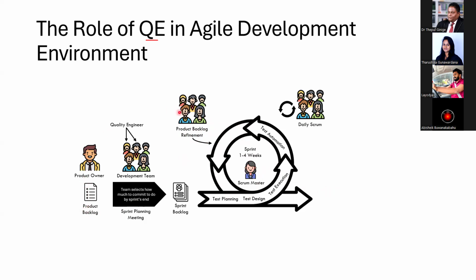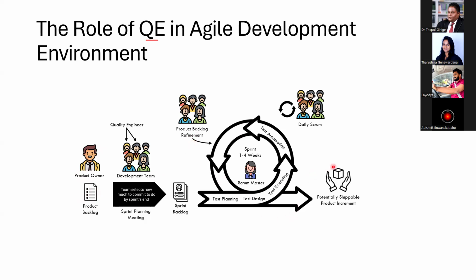So the development team as well as the product owner get together at the end of the sprint and check whether we have prioritized correctly, and whether we still need a particular task. That is looking at the product backlog and making some changes, known as the product backlog refinement, right?